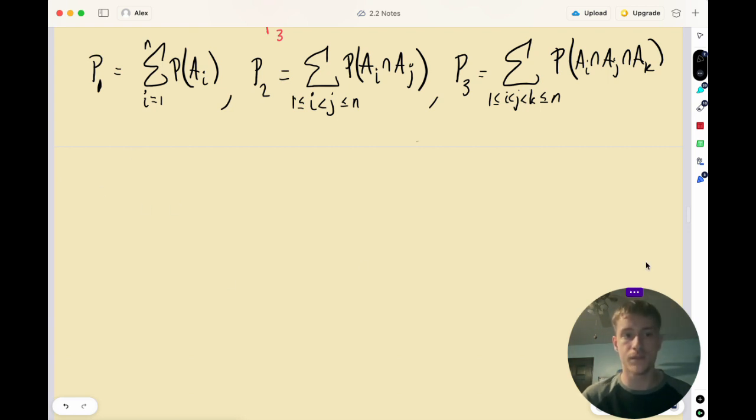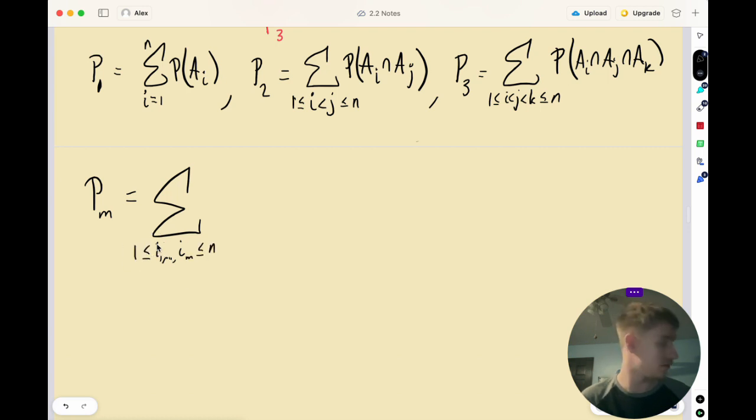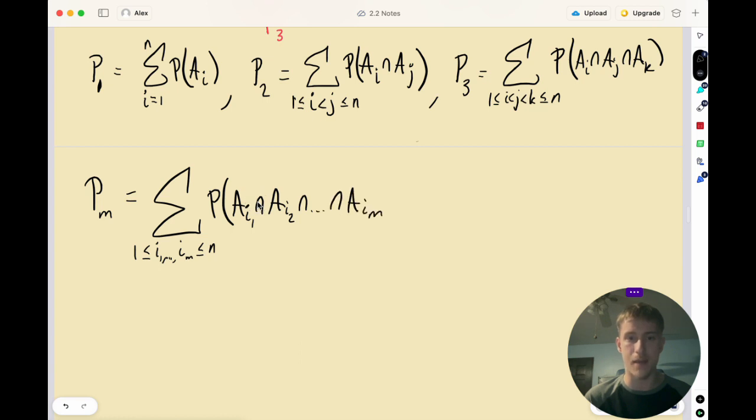Okay, so in general, P sub, we'll call it m, is going to equal the sum. And I can't really use i, j, and k anymore, so we're just going to use i sub 1, i sub 2, all the way up to i sub m. And they're all going to be between 1 and n of P of A_{i1} intersect with A_{i2} intersect all the way to A sub i sub m.